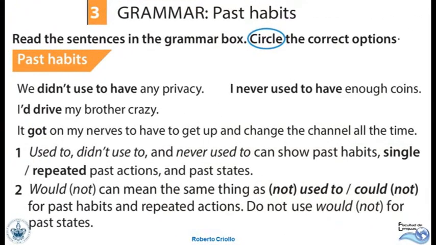So, summarizing, we can use used to, didn't used to, and never used to talk about past habits, in other words, repeated past actions and past states. On the other hand, we can use would or would not in the same way as used to when we talk about past habits and repeated actions, but we're not going to use would for past states, or thoughts, or feelings, or ownership verbs.